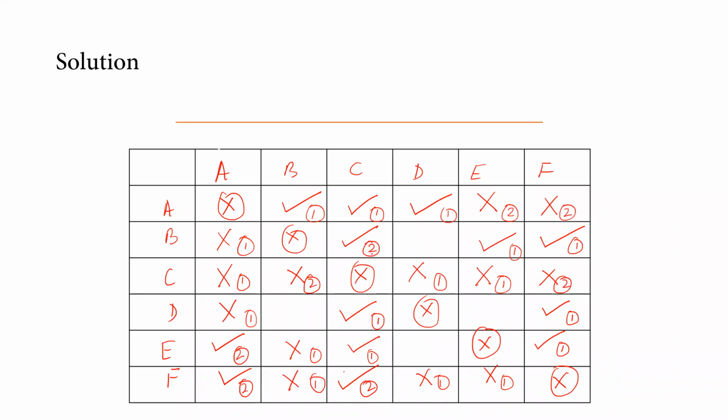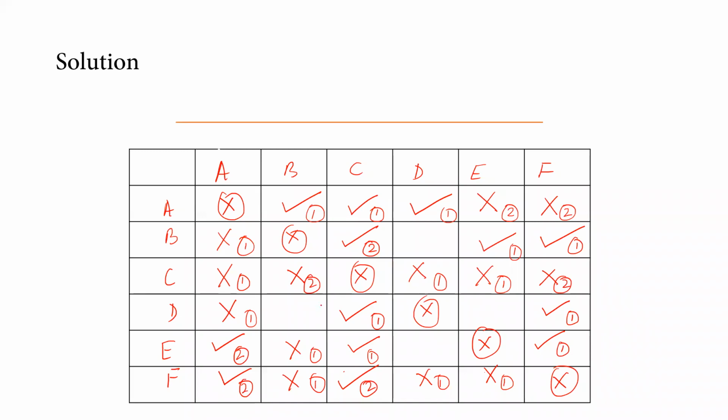Now, one more team lost both the matches in stage two. The only team that is possible here is team D, because B has also won a match, C has already lost both the matches, E has also won a match, F has also won a match, A has lost matches.